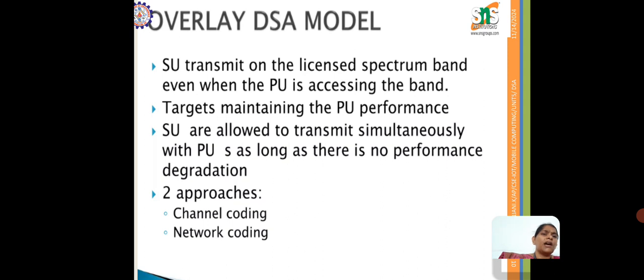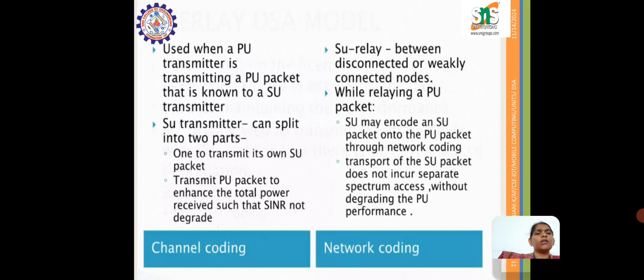Its target is to maintain the primary user's performance, and secondary users are allowed to transmit simultaneously along with the primary user with no performance degradation. There are two types of approaches. One is channel coding and the other is network coding.